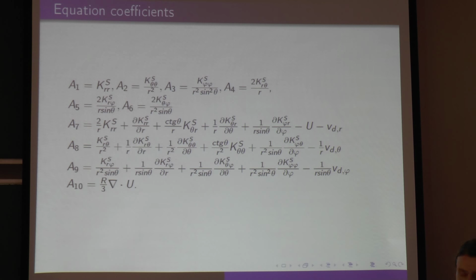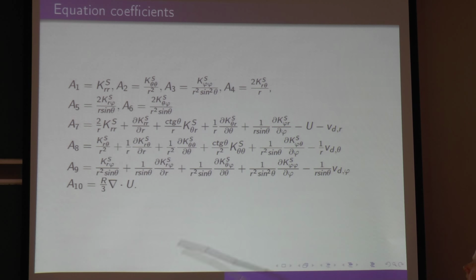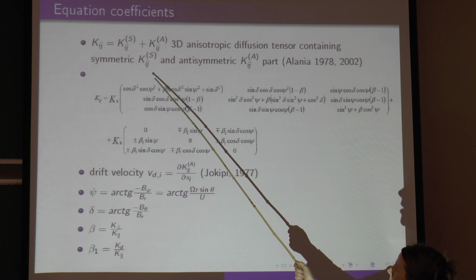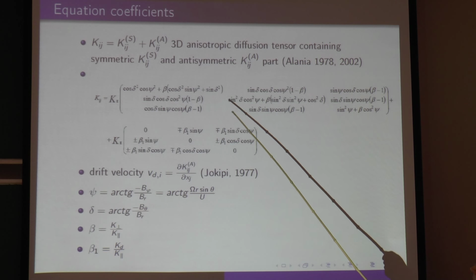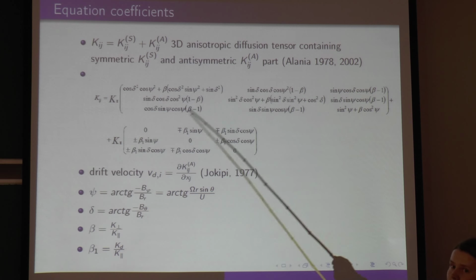Coefficients of the equation are in this form. Here we have diffusion coefficients, solar wind speed, and drift velocity. The diffusion coefficient is the sum of symmetric and antisymmetric parts. And the diffusion coefficient is in this form.